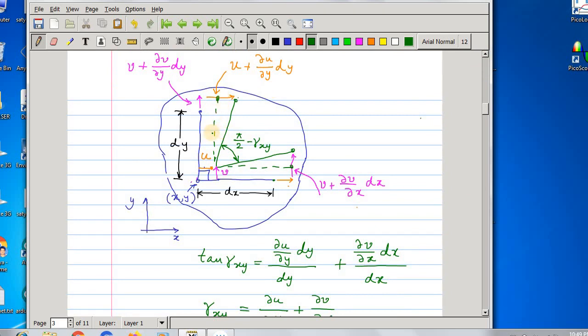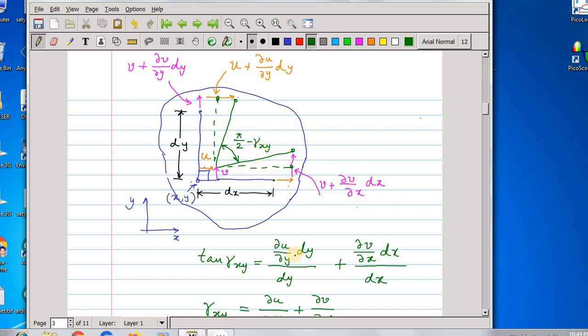So tan of this angle is del u del y, and when this is very small, the angle itself can be assumed to be del u del y, and this other angle del v del x. So from the initial 90 degrees, the change is this plus this: del u del y plus del v del x.